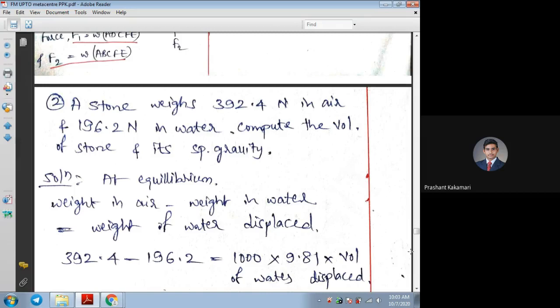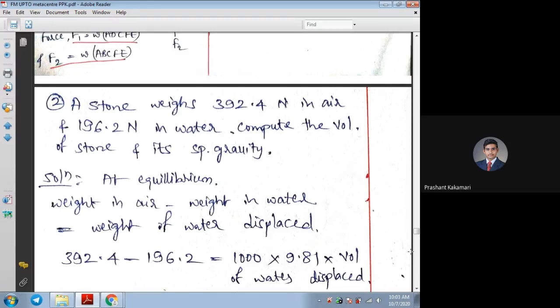As we discussed, the buoyancy force resists the sinking of the body, opposing the normal weight of the stone, so that weight is 196.2 newtons in water when it is sinking. Compute the volume of the stone and its specific gravity.